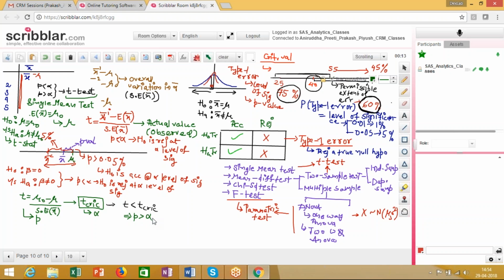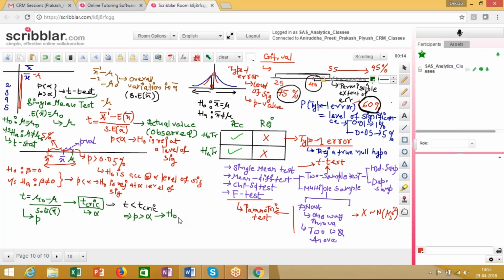So that means the actual chances of committing the type 1 error are much higher than the benchmark chances of committing the type 1 error, right? Now if that is done, then the next thing that we try to look into is that with P greater than alpha, right, H0 will be accepted, because if the actual chances of committing the type 1 error is greater than the maximum permissible error, then my model actually runs a greater risk of committing the type 1 error.